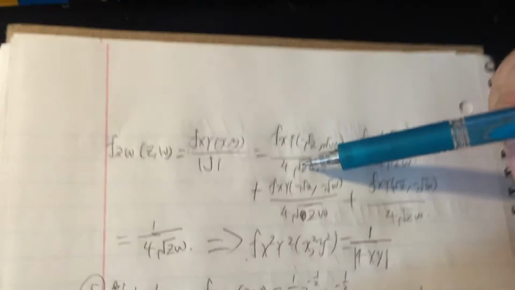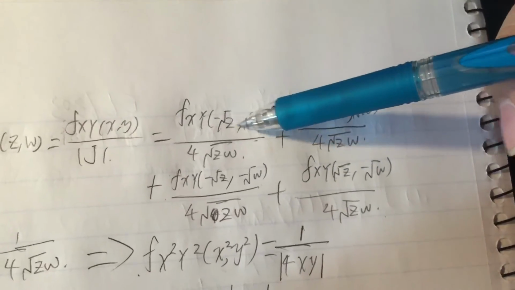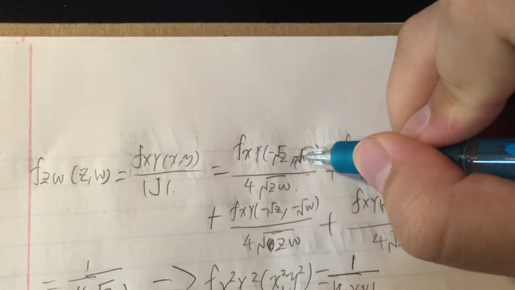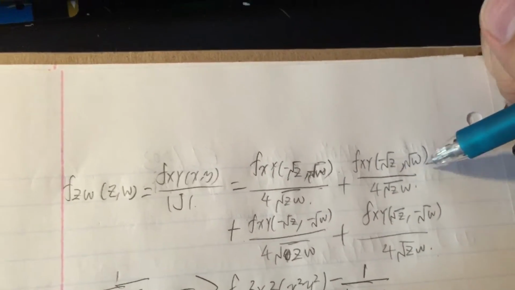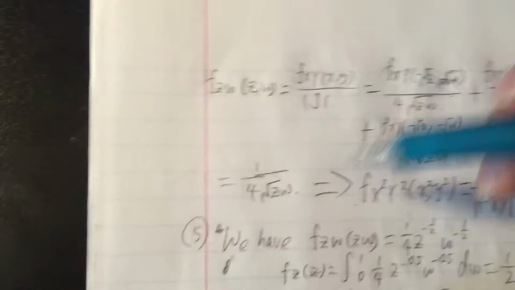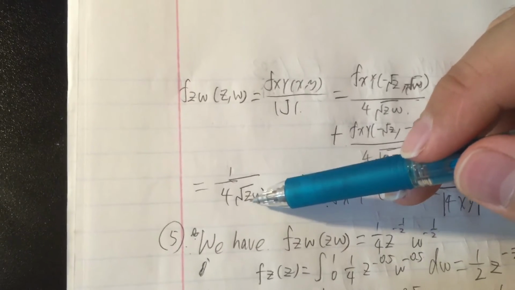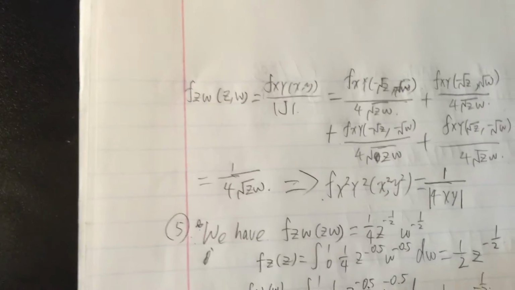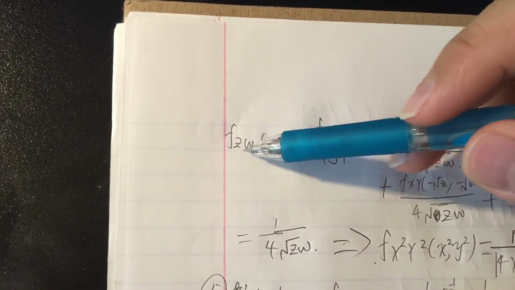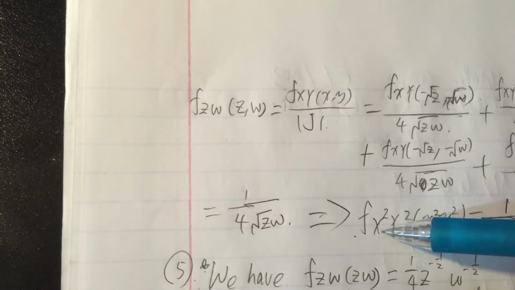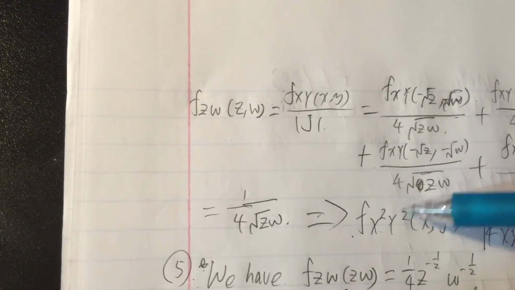So we add each part together, and we get 1 over 4 times the square root of z times w, which gives the density function of z and w, equal to the density function of x squared and y squared.